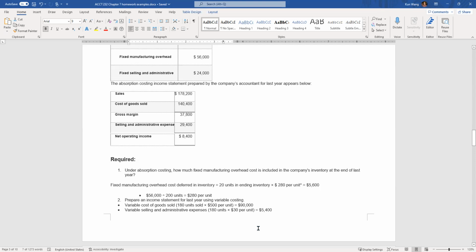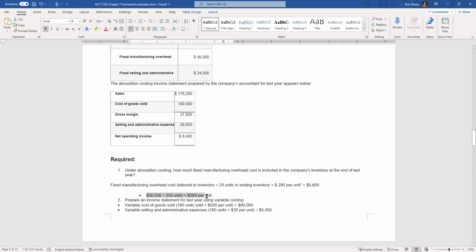So how can we find out the fixed manufacturing overhead included in the ending finished goods? We need to find out how much fixed overhead per unit, per produced unit.